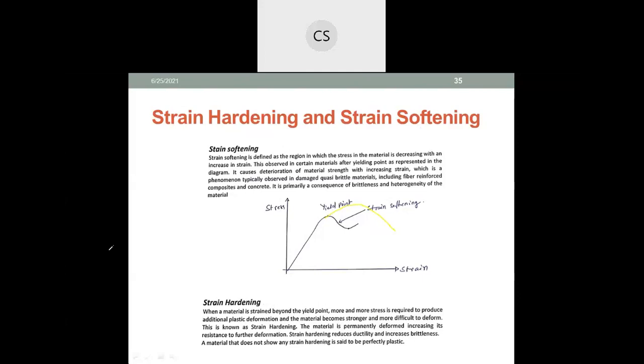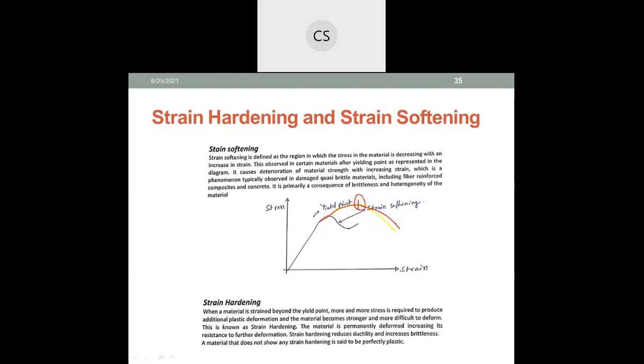So what exactly you can see is, you get a maximum up to this point. So you find it increases to this point, then it decreases, correct? So this is an important point, the ultimate tensile strength.